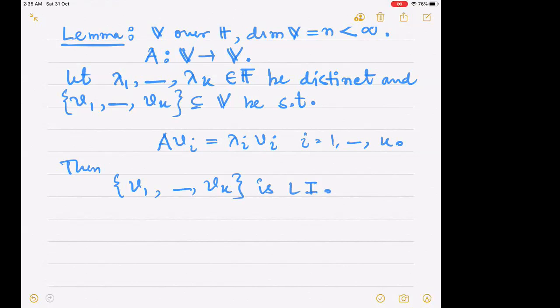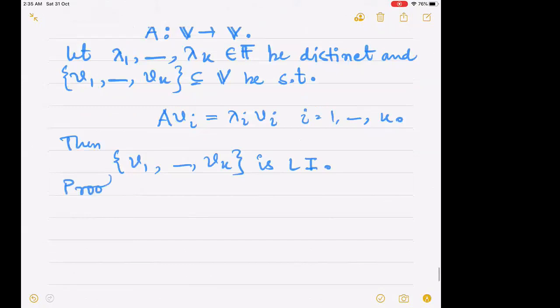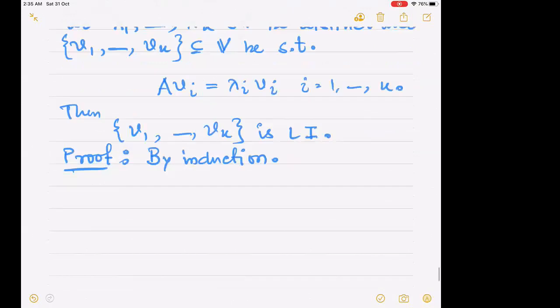Proof. The proof is done by induction, formally, on the parameter k. The base step is k equal to 1.